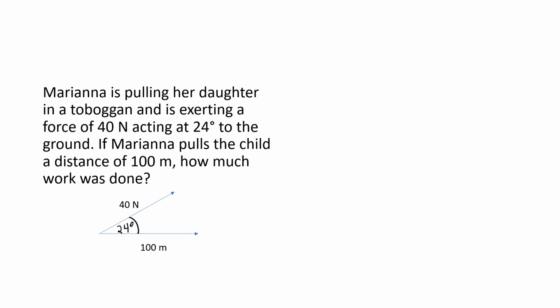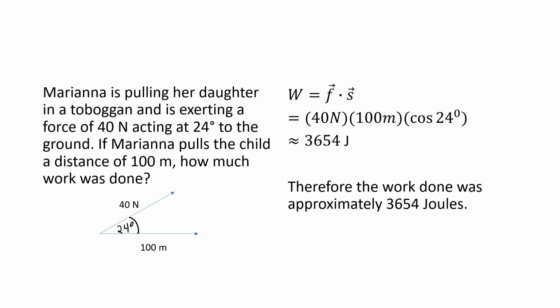We've got a 40 Newton vector and a 100 meter displacement vector with an angle of 24 degrees because we assume the child was pulled along the ground, obviously, and we see that the 40 Newton force is acting at 24 degrees to the ground. So the work will equal F dot S, which will be 40 newtons times 100 meters times the cosine of 24 degrees, which is roughly going to equal 3,654 Newton meters, or in other words, 3,654 joules.